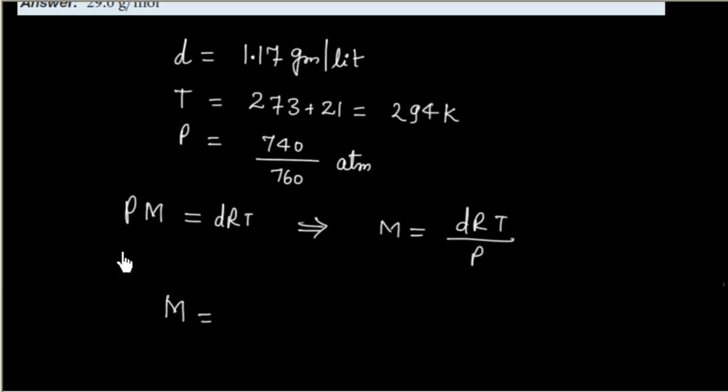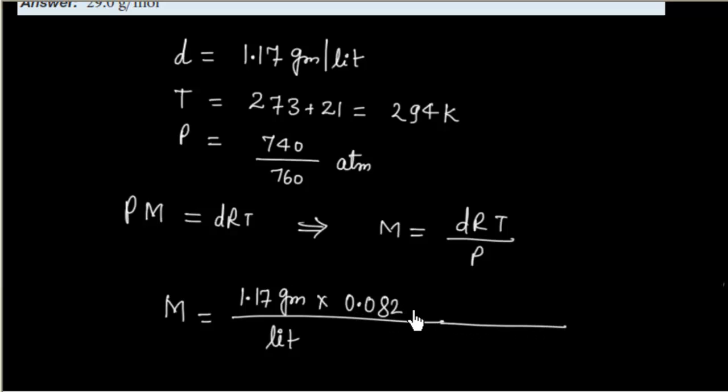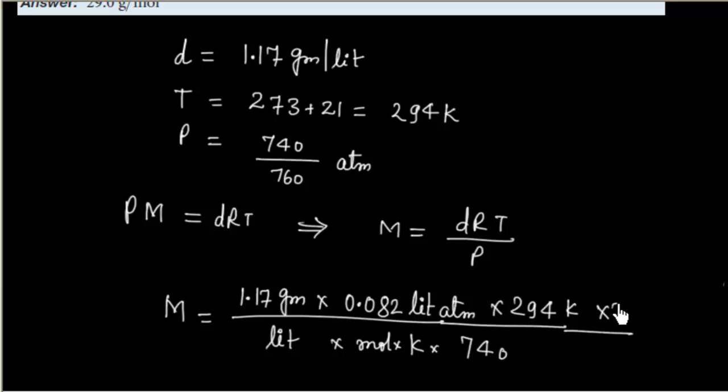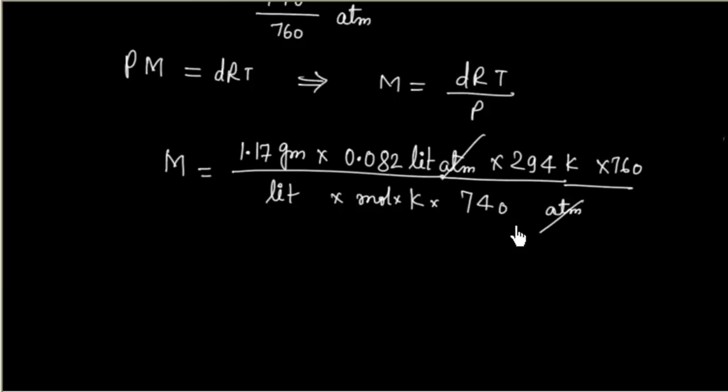Density is 1.17 gram per liter and R is 0.082 liter atmospheric pressure per mole Kelvin, and the temperature is 294 Kelvin, divided by pressure 740 divided by 760 in atmospheric pressure. So atmospheric pressure cancels, liter cancels, Kelvin cancels.